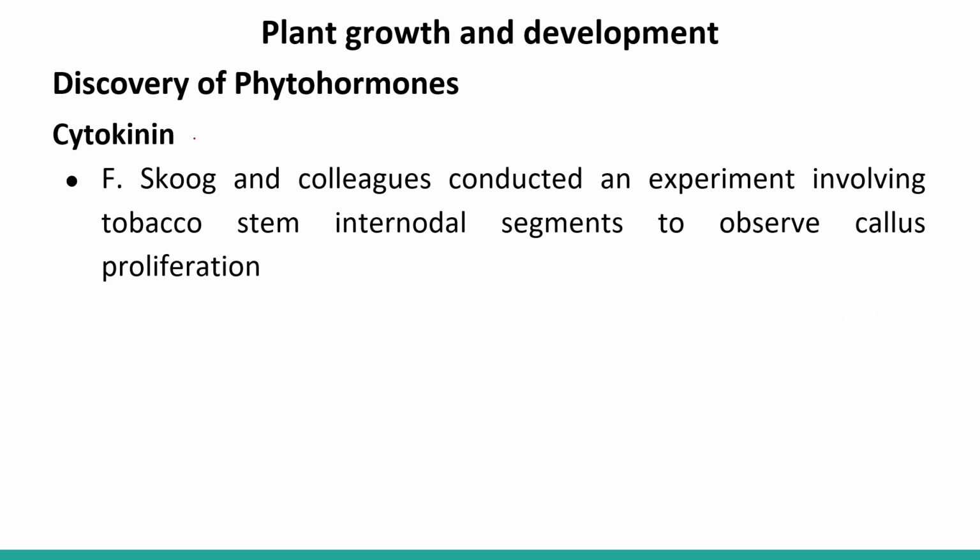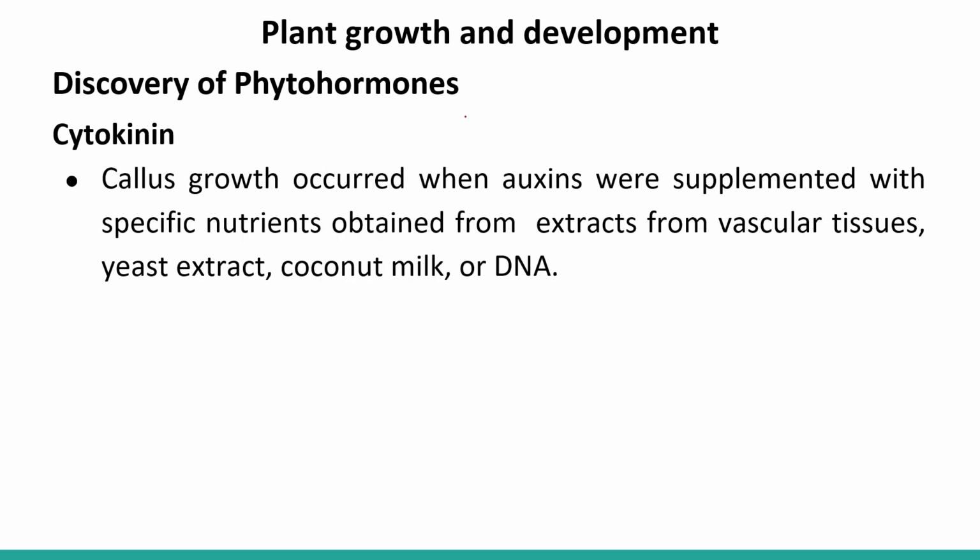Now, let's study about the discovery of cytokinin. So Skoog and colleagues were doing an experiment on tobacco stem internode. And what they observed was that there was callus proliferation only when auxins were supplied, and they were supplemented with specific nutrients obtained from either the extract from the vascular tissues, or from the yeast extract, or from coconut milk, or from the DNA.